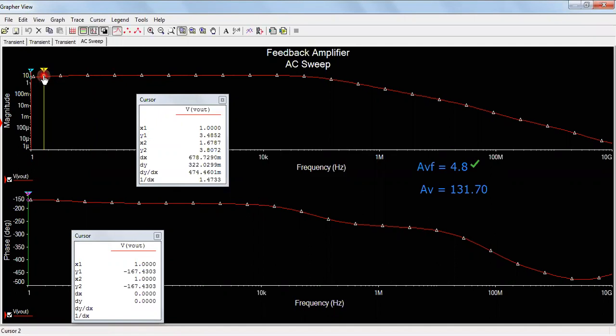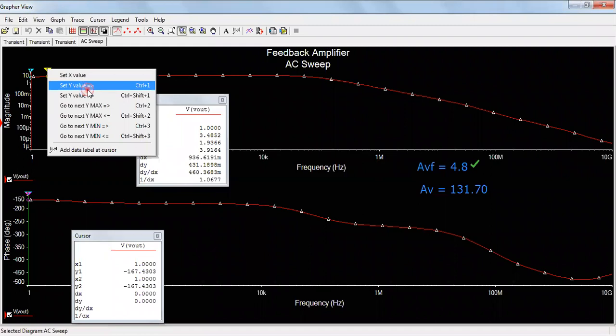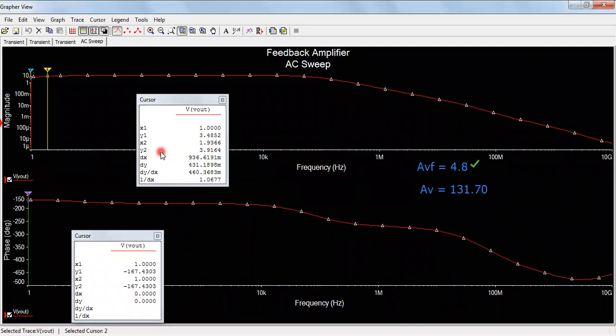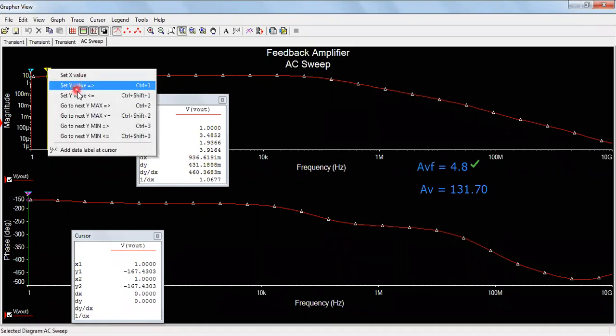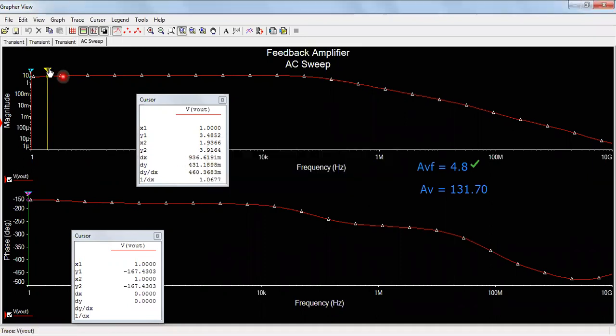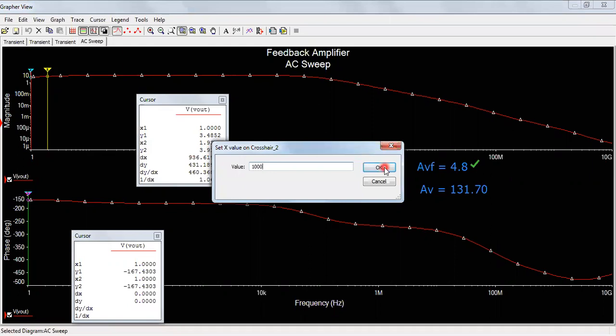Not the Y value, the X value I have to set, because frequency I have to set, X value 1000.